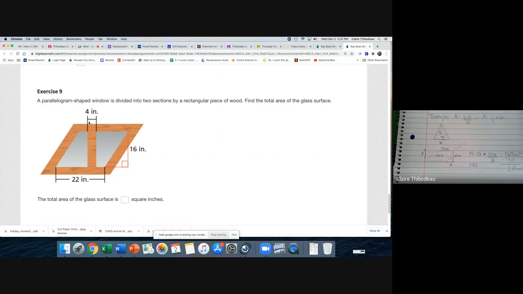So we're going to eliminate that distance from our base, and then once we've done that, they're pushed together, right? So all you really have to do is do 22, subtract that 4 inches, and then you'll have your new base. And then you just do your new base times your height, and you should get the area of the glass.